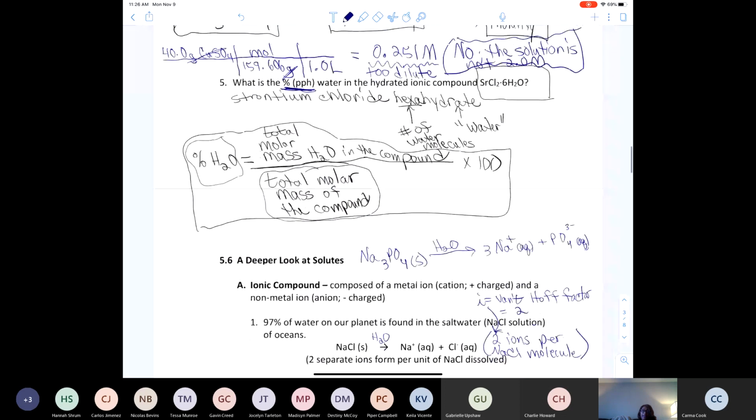To calculate the percent water, you need to take the total amount of water represented in the molar mass of the hydrate and divide it by the total molar mass, times 100. This was one of the compounds that was potentially our unknown last week, but it was not our unknown. But in the pre-lab activity, you had to calculate the percent water. So, anyone have an answer for this one? Anyone have the molar mass for this one?